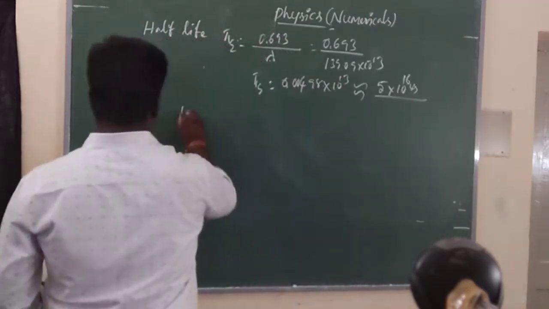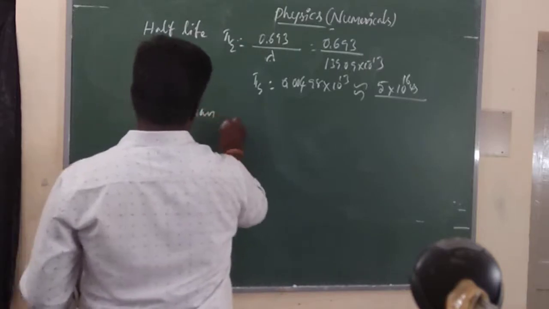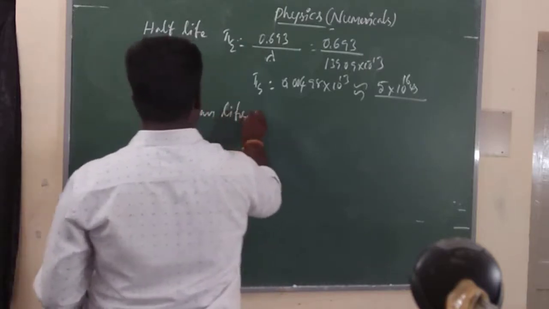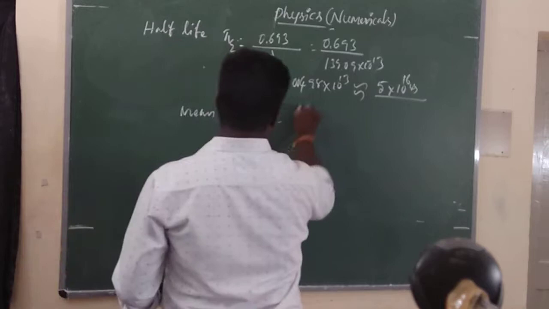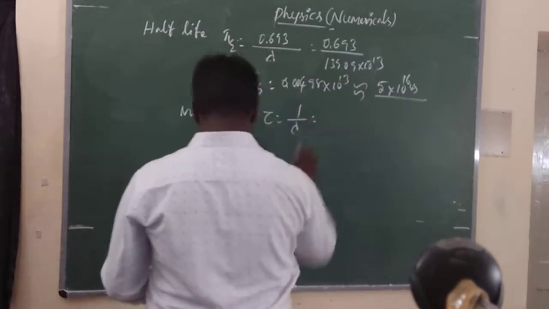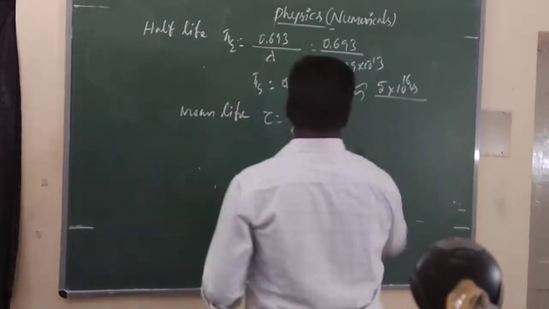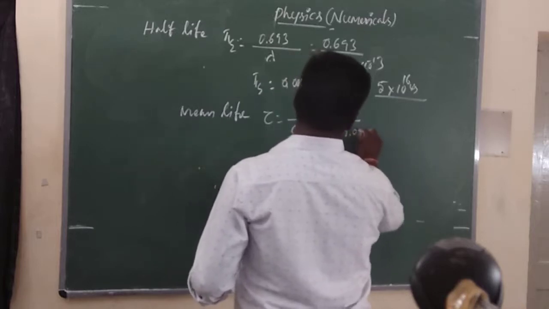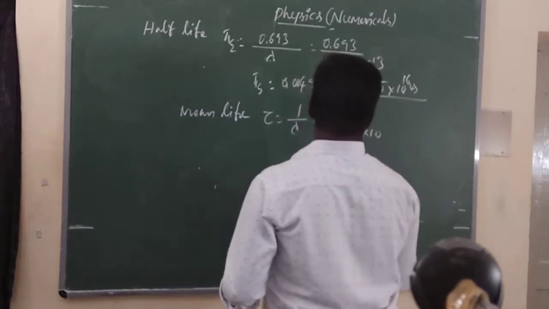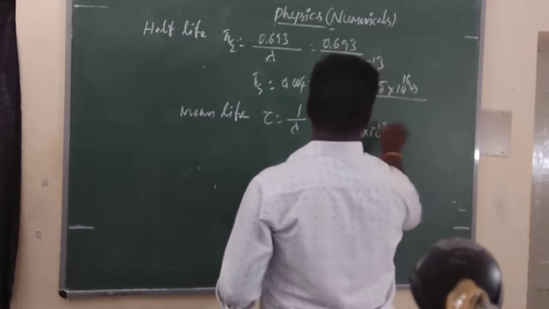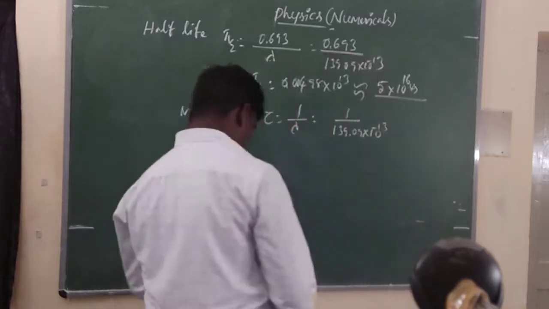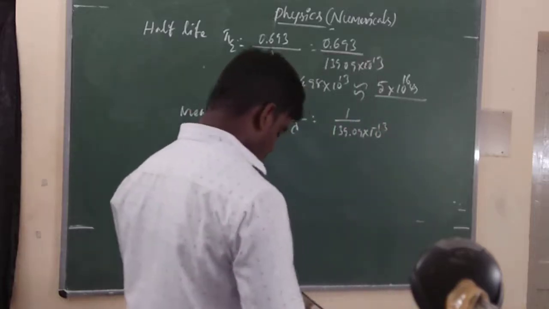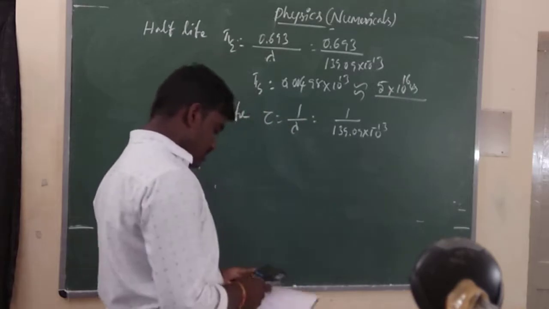So then mean life is equal to tau equals 1 over lambda. So 1 over lambda is equal to 1 by 139.09 into 10 to the power of minus 13. So that equals 1 over 139.09.